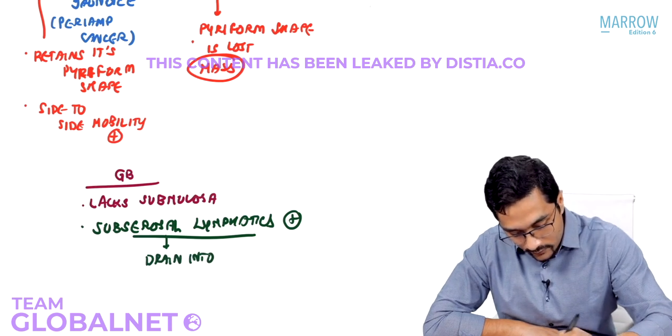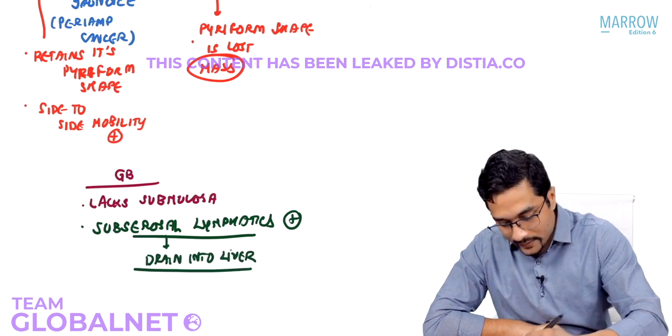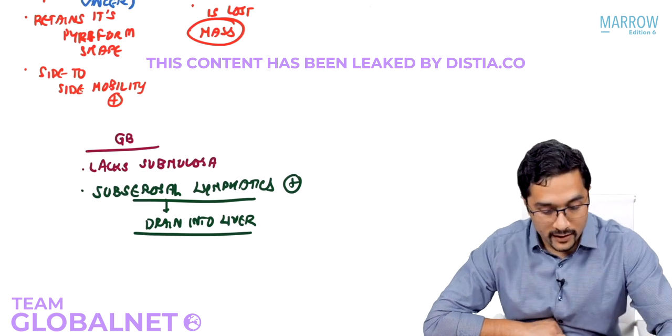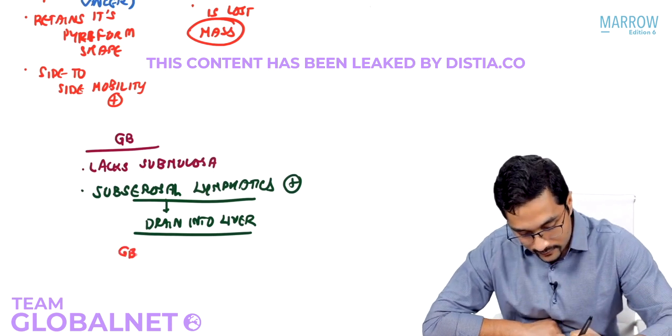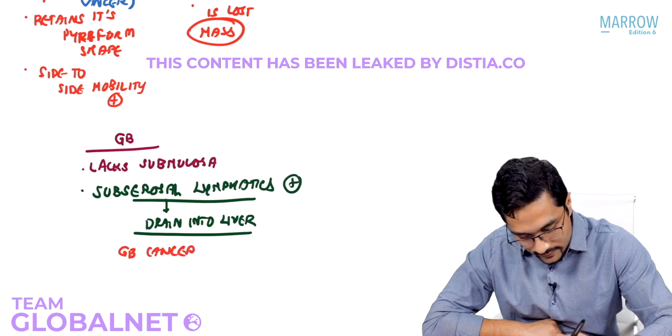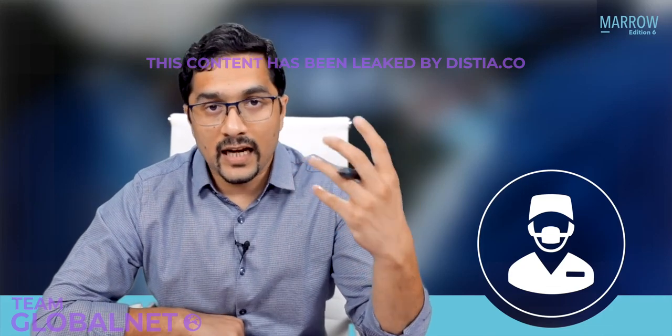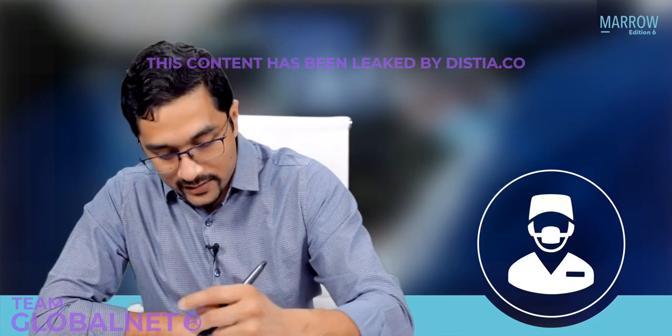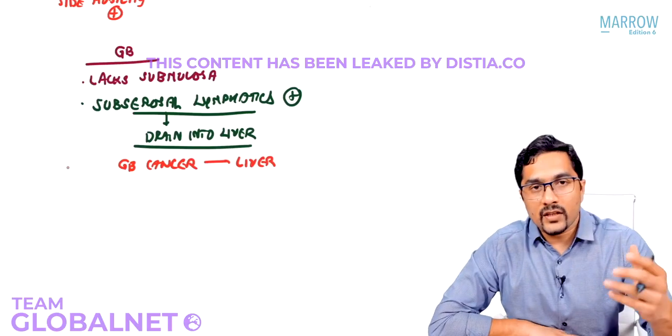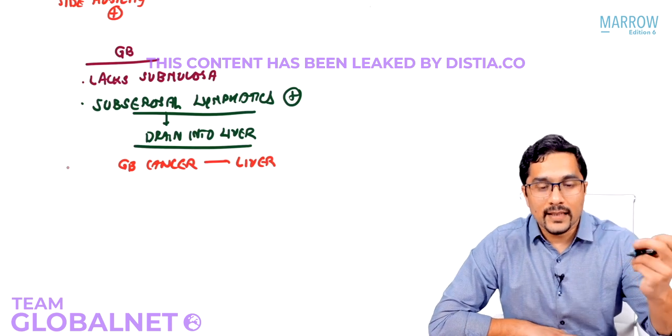This is one of the ways how gallbladder cancer can go into the liver. The other two methods are direct infiltration and the hematogenous route. Those are the three ways gallbladder cancer can metastasize into the liver.